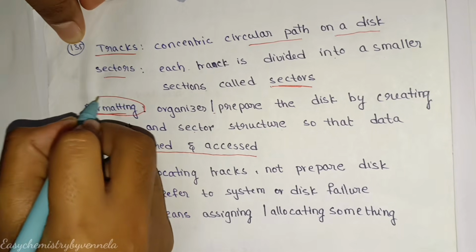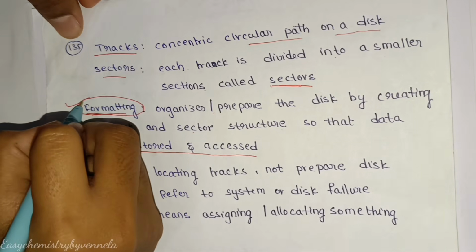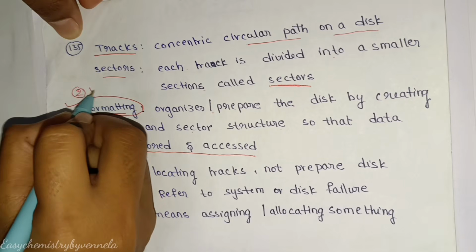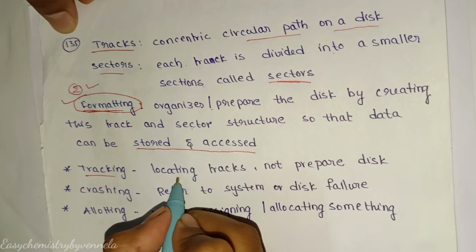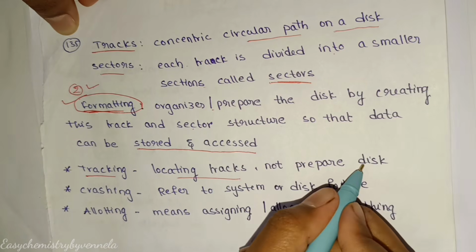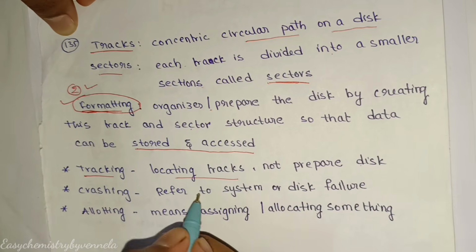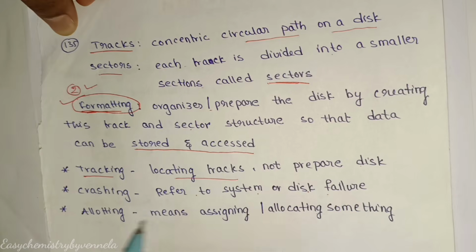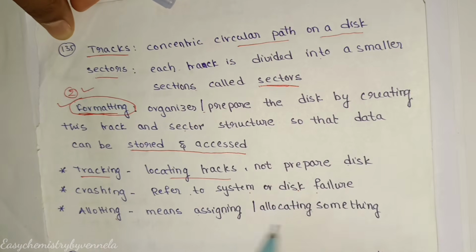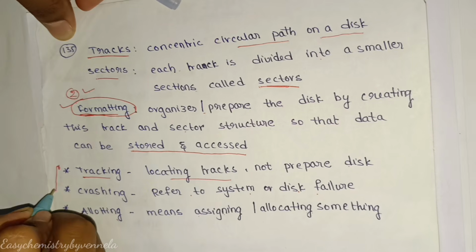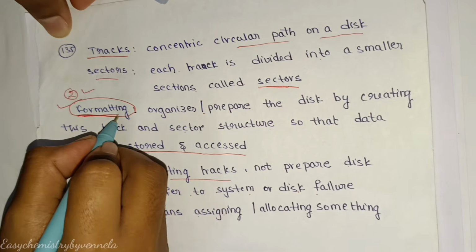So the correct one is formatting. So the second one is the correct one. Why are the other options wrong? Tracking is locating a track, not preparing the disk. Crashing refers to system or disk failure. Allotting means assigning or allocating something. So these options are not correct. The correct one is formatting.